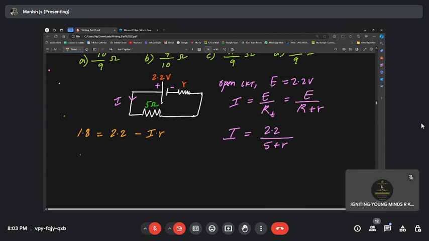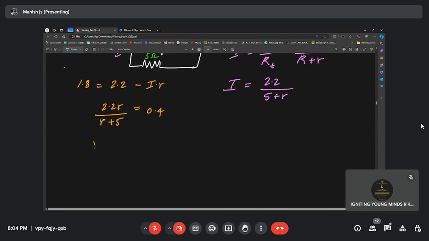Substitute, children, the values. Go for a simplification. You will get 2.2 R divided by R plus 5 is equal to, when I simplify it, 0.4.